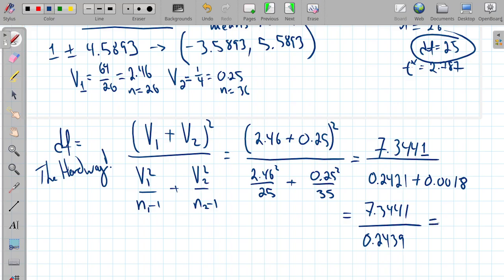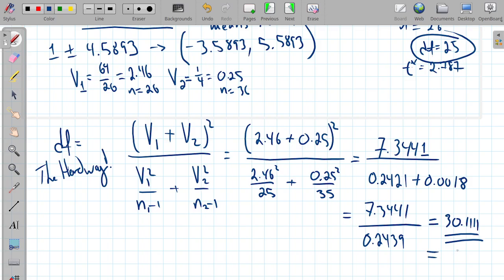So if we simplify that, 7.3441 divided by last answer, and we get 30.1111 degrees of freedom. Now, of course, you can't have a partial degree of freedom, so you round down.